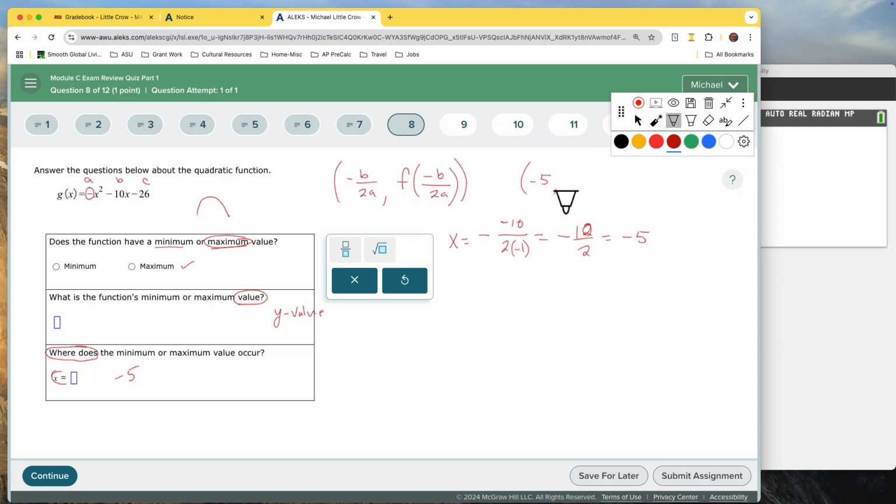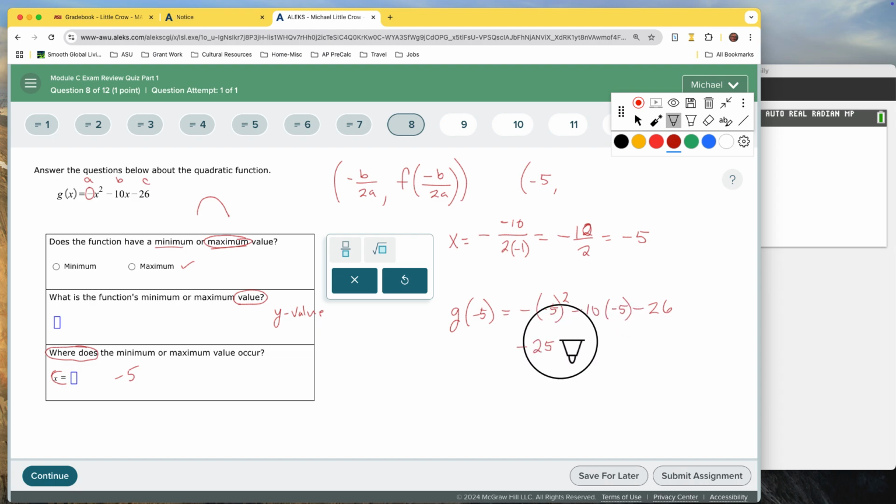What we're going to do is plug -5 into the function, so g of -5. We're going to get -5 squared minus 10 times -5 minus 26. So -5 squared is positive 25, and then this negative on the outside attaches, so we've got a -25.